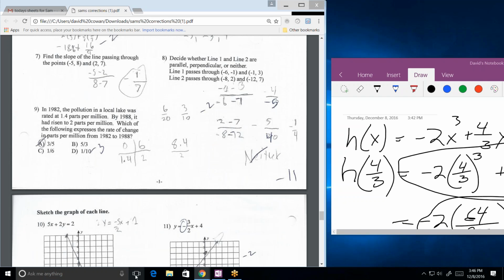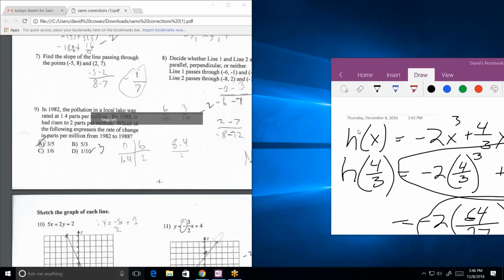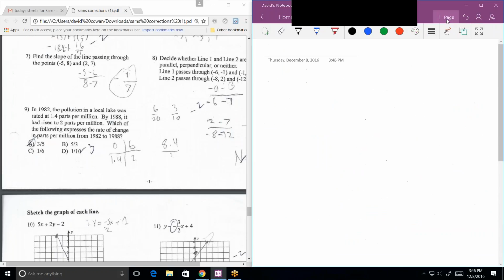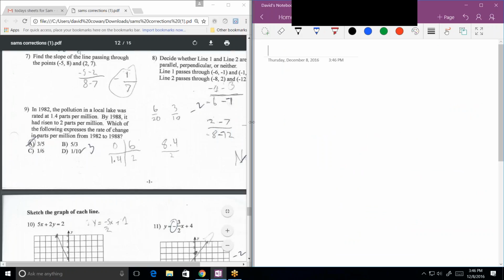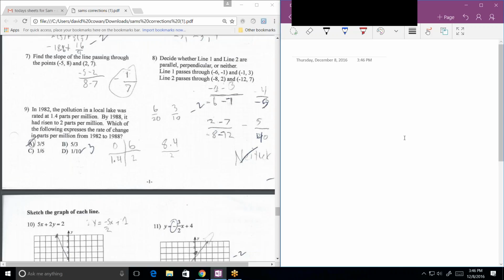Hold on a minute. Decide whether line 1 and line 2 are parallel, perpendicular, or neither. What's that based on? What's the only thing we need to know about lines 1 and 2 to answer that question? The slope. Correct.